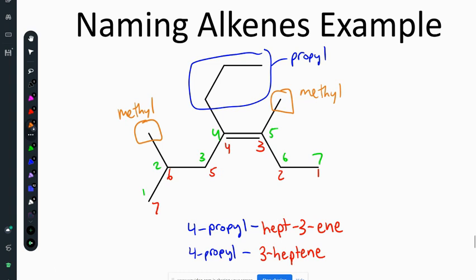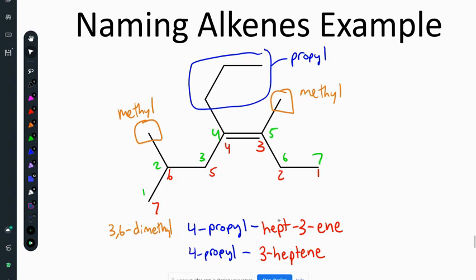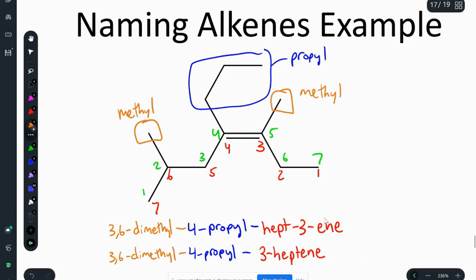So I would have 3,6-dimethyl. Made it a little too tight there. 3,6-dimethyl-3-heptene. So my final name, 3,6-dimethyl-4-propylhept-3-ene for this alkene.